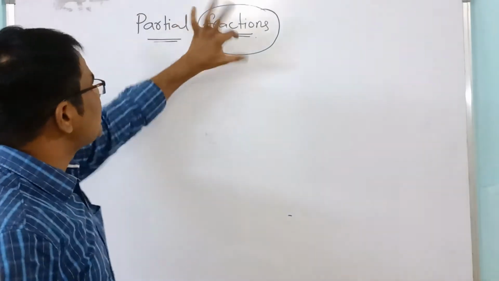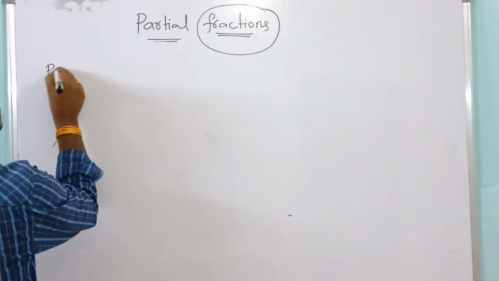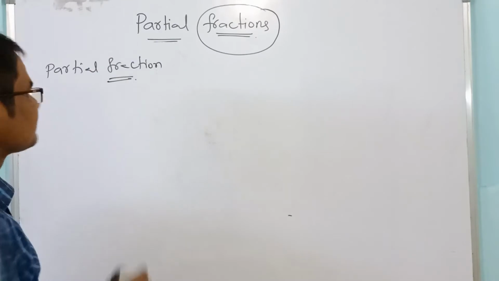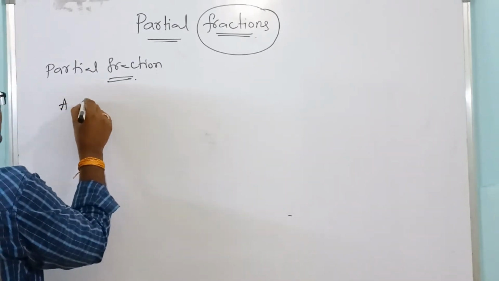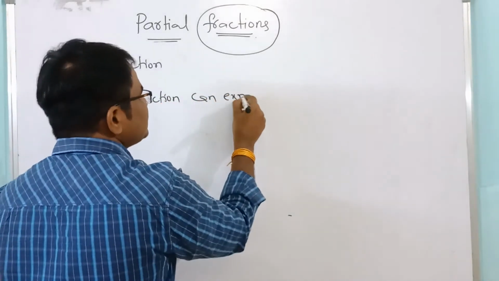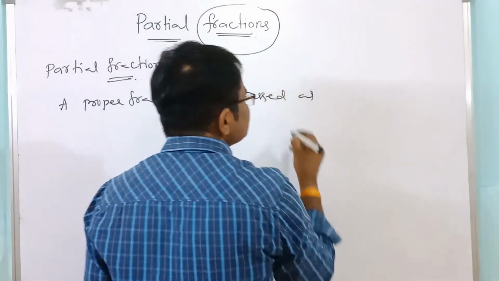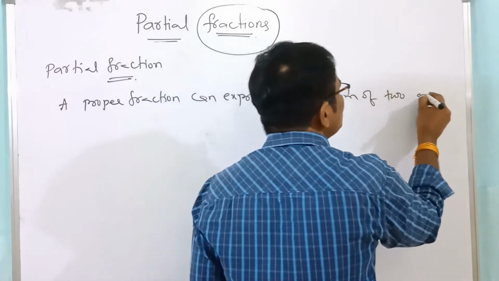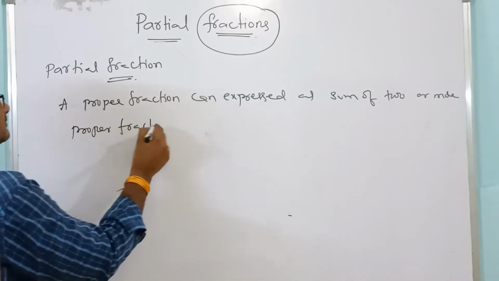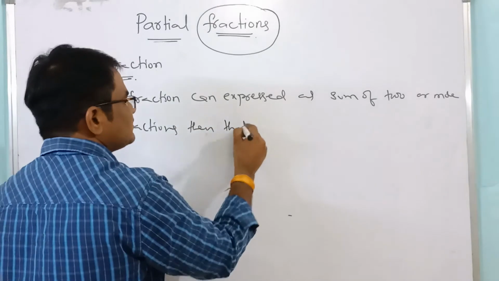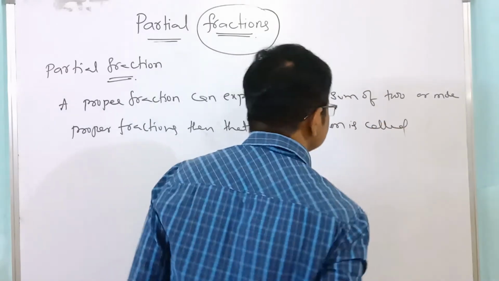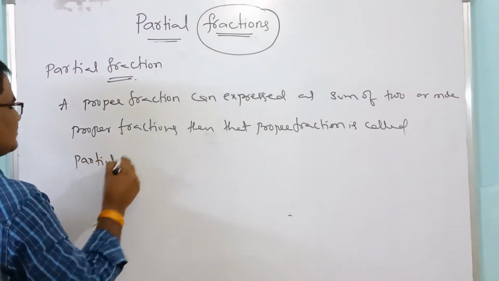Now, there are again 4 types of proper fractions. But before that, what is the partial fraction? The definition of partial fraction: a proper fraction can be expressed as sum of 2 or more proper fractions, then that proper fraction is called partial fraction.